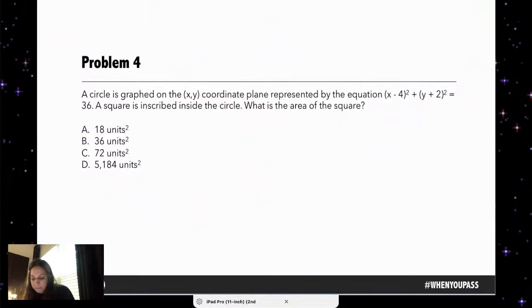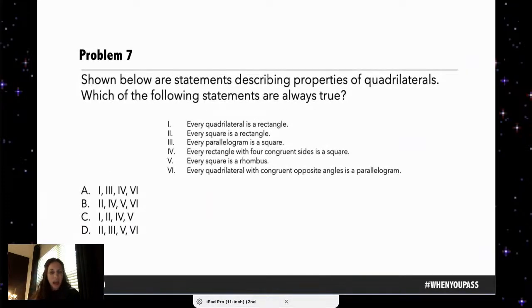All right. We are going to move on to problem number 4. Actually, we're going to skip problem number 4. We're going to move on to problem number 7. I want to do a little elementary math for us. Shown below are statements describing properties of quadrilaterals. Which of the following statements are always true? So I'm not looking for sometimes, I'm looking for always.